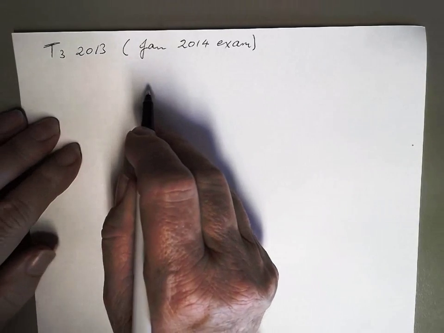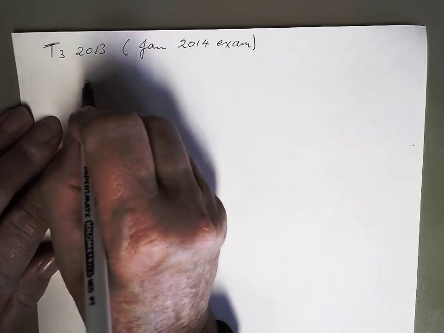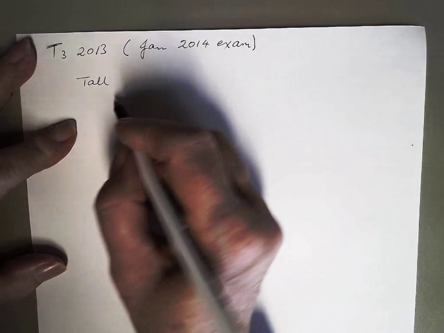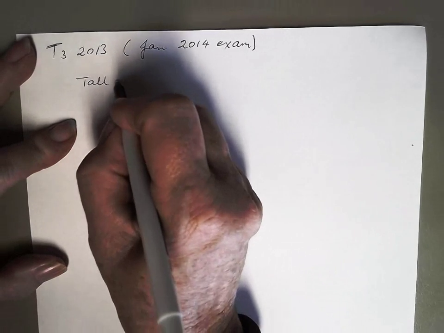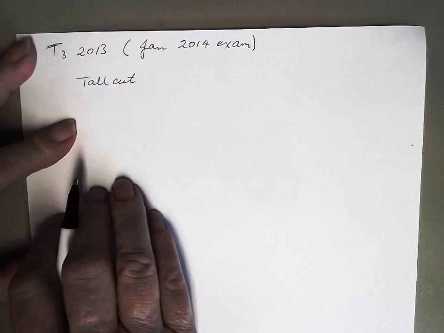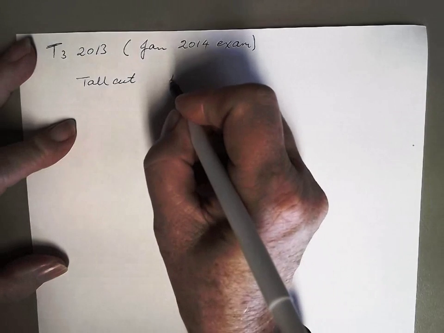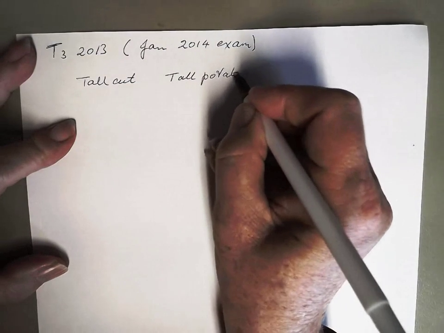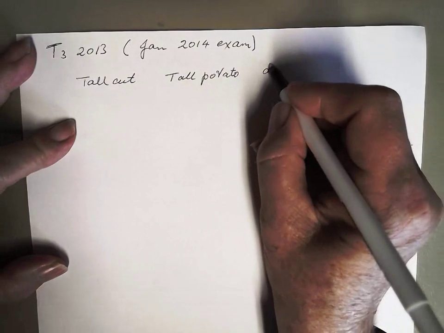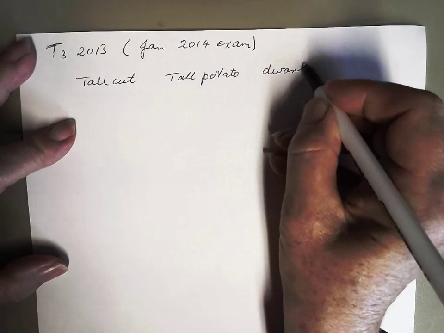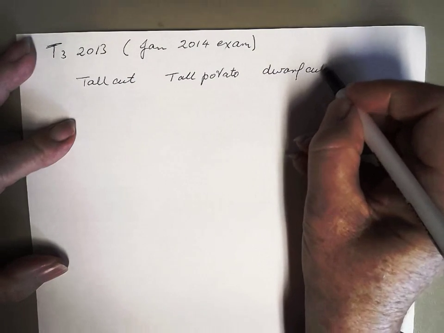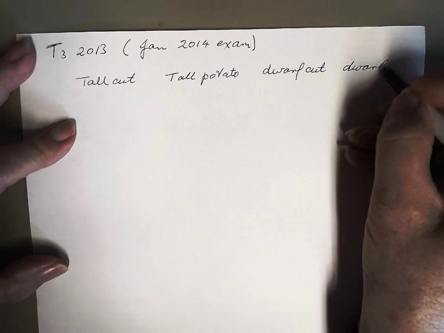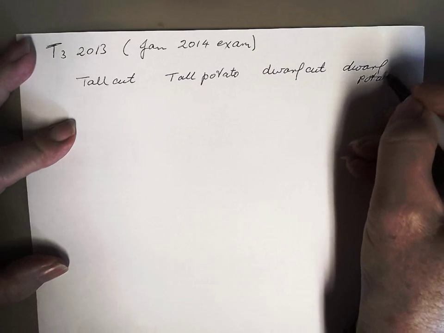We're told that we have some tomato plants, and one of the classes were tall plants with cut leaves. There were others that were tall with potato leaves. Compared to tall, there were dwarf plants that also had cut leaves, and dwarf plants with potato leaves.